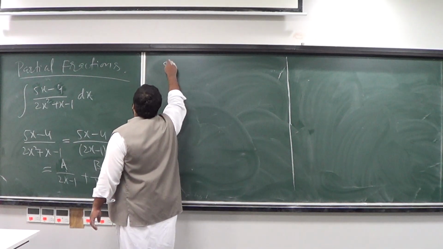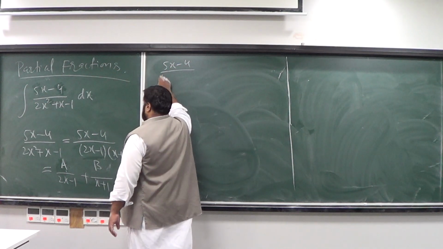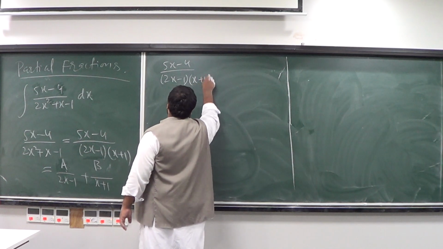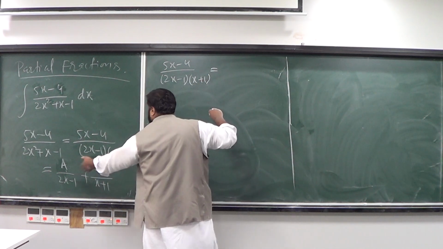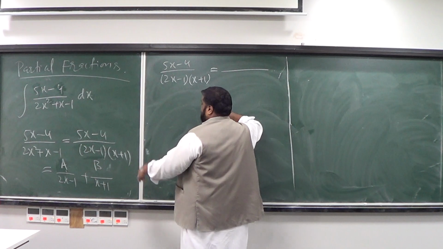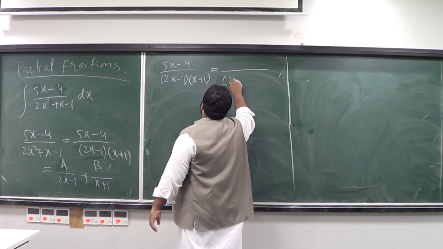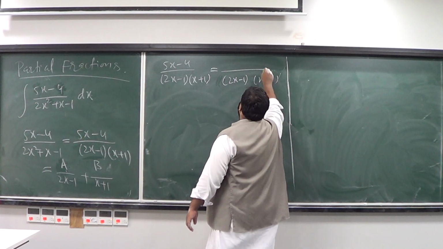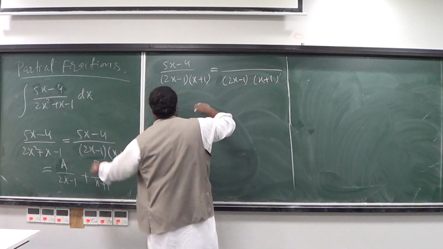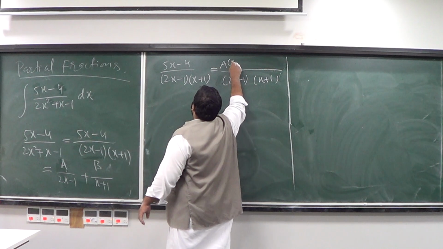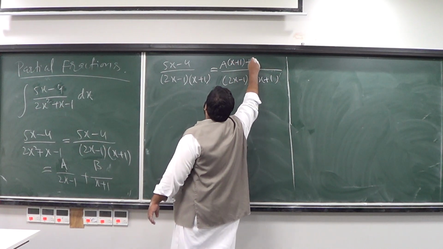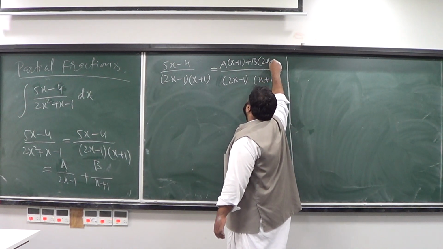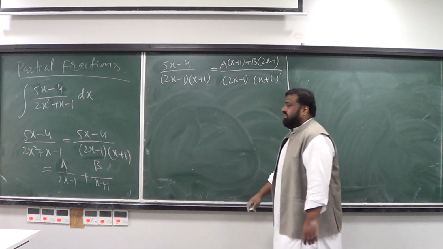So I have 5x minus 4 over 2x minus 1 times x plus 1. Simplify this fraction, calculate this fraction, so it's going to be 2x minus 1 times x plus 1, and you're going to get A times x plus 1 plus B times 2x minus 1.